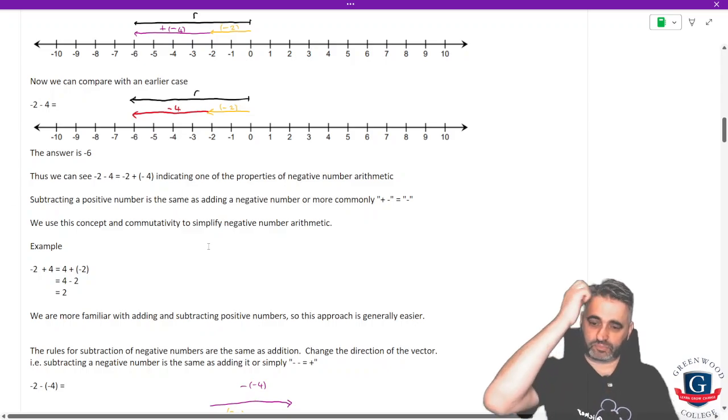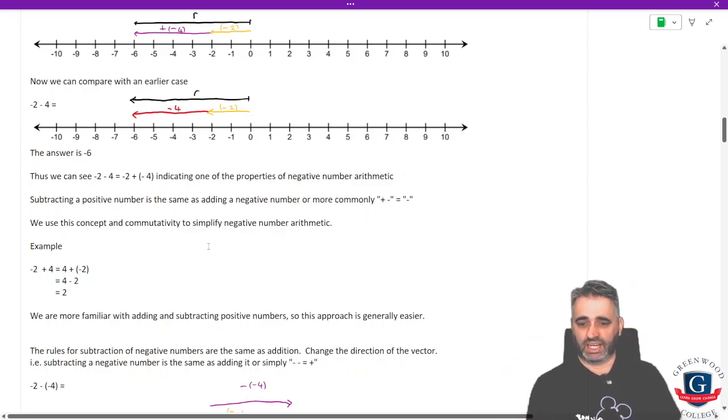Okay, equivalence. Now, one thing to know here is whenever we've got a plus and a minus symbol together, we can simplify that to minus. And similarly, if we had a minus symbol, we could change it to being plus minus. And we use the concept of changing a minus to plus minus to simplify negative number arithmetic. So if we have minus 2 plus 4, we might change the order because addition is commutative.